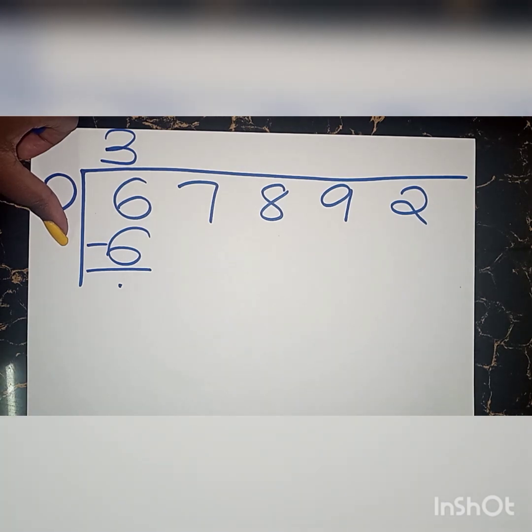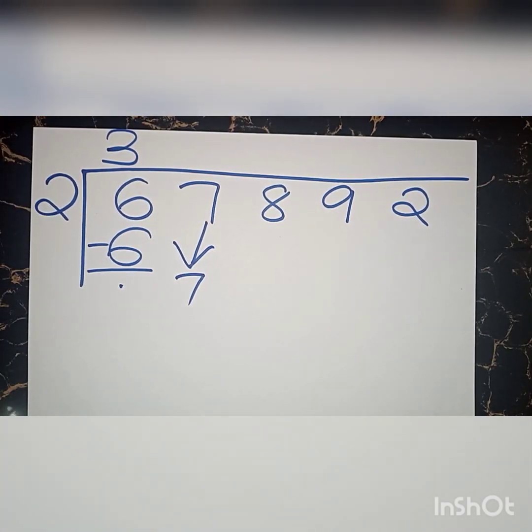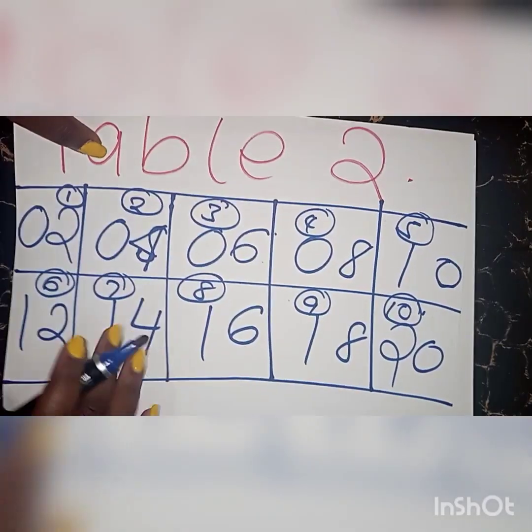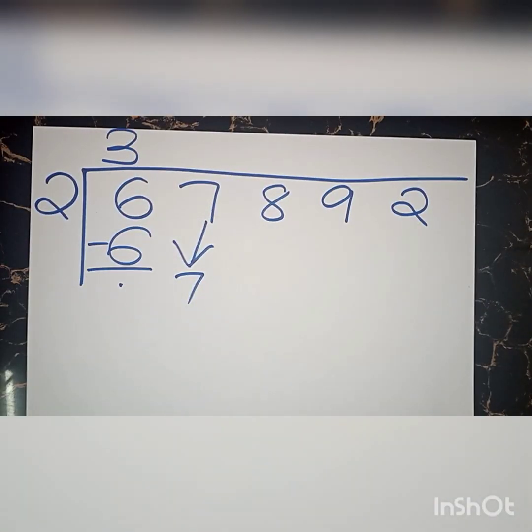The next step will be to drop the 7. So when you drop the 7, 7 is in between 6 and 8. So that means that we'll go with 6, so that subtracting becomes easier.